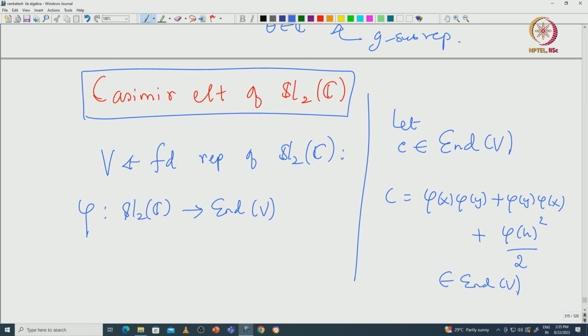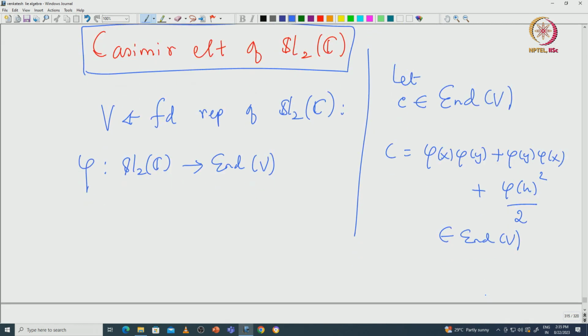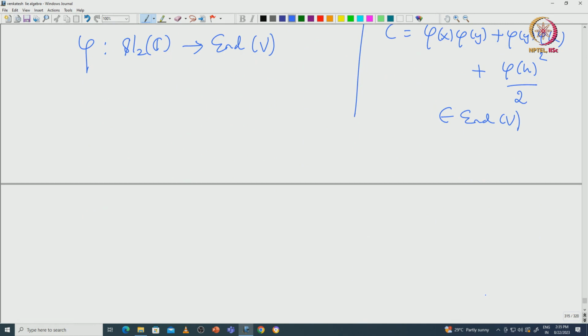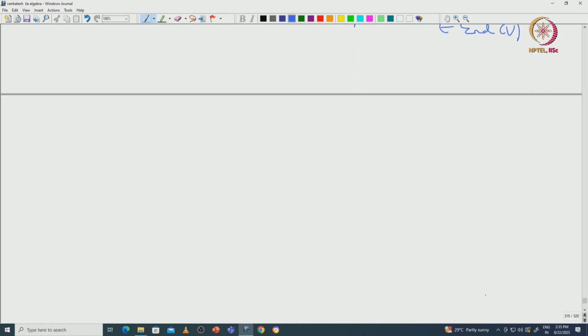The endomorphism of V is an associative algebra, so all product and addition make sense inside the endomorphism of V. Now it is easy to check that this C that we have defined commutes with the action of SL2C. For that we need to check what happens with the bracket of C and phi x, then C and phi y, and then C and phi h.